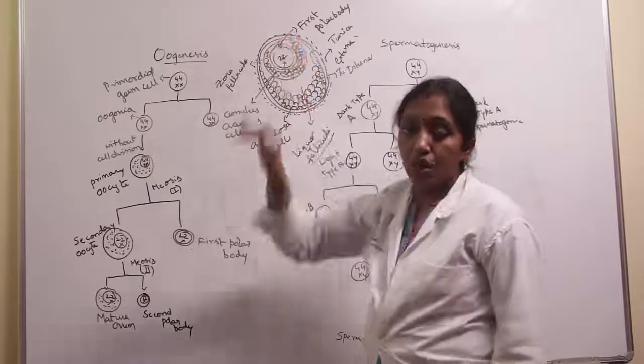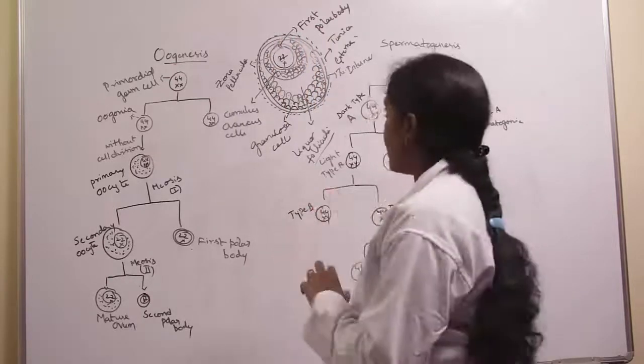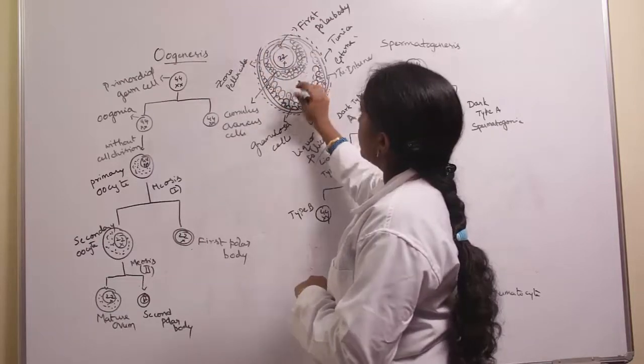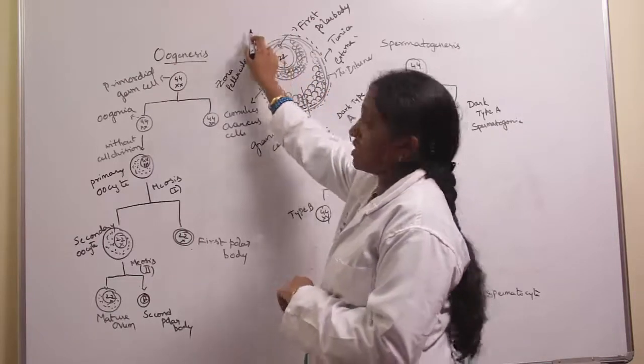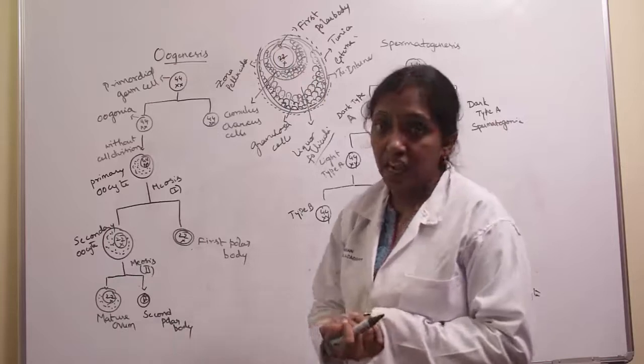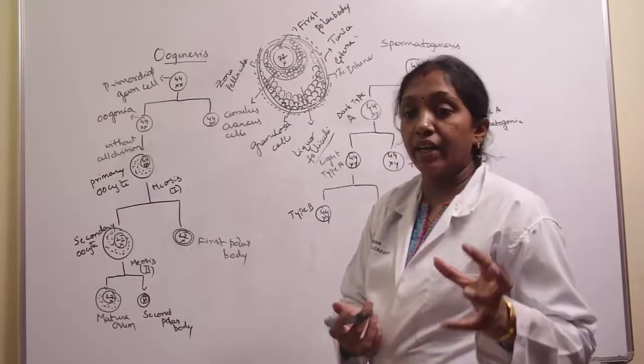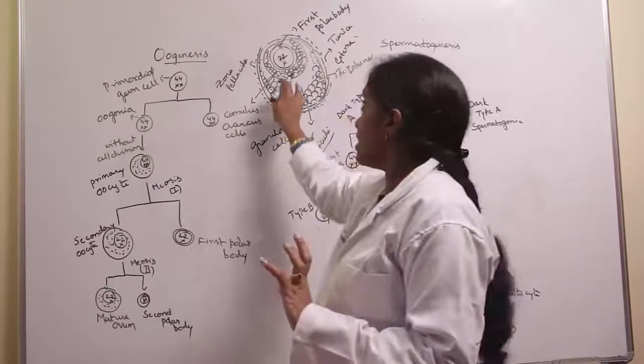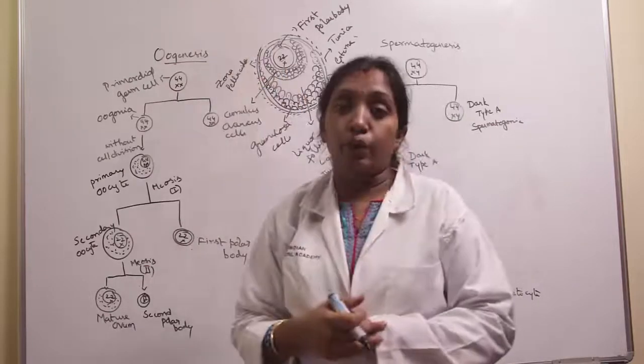At maturation, what happens at ovulation? The secondary oocyte is released, and by the action of the fimbriated ciliated epithelium of the uterine tube, it enters the uterine tube.